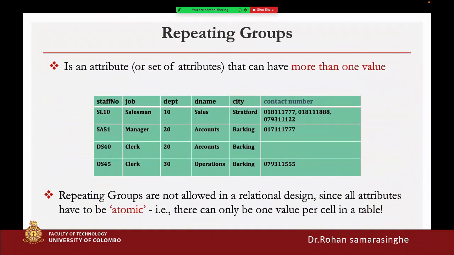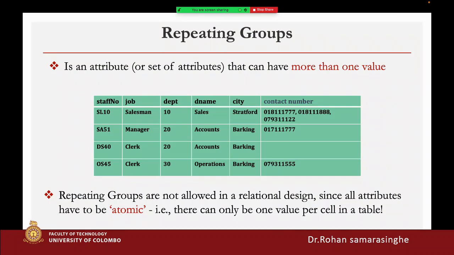And repeating groups: in contact numbers, you can see they are not atomic values. Every attribute must have atomic values, that means only one value.